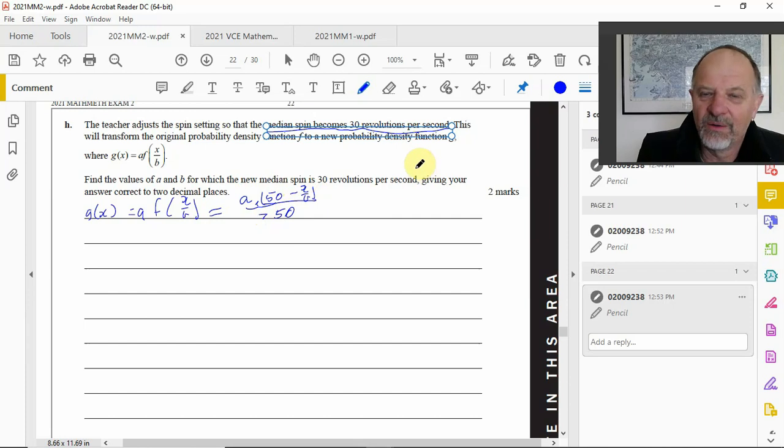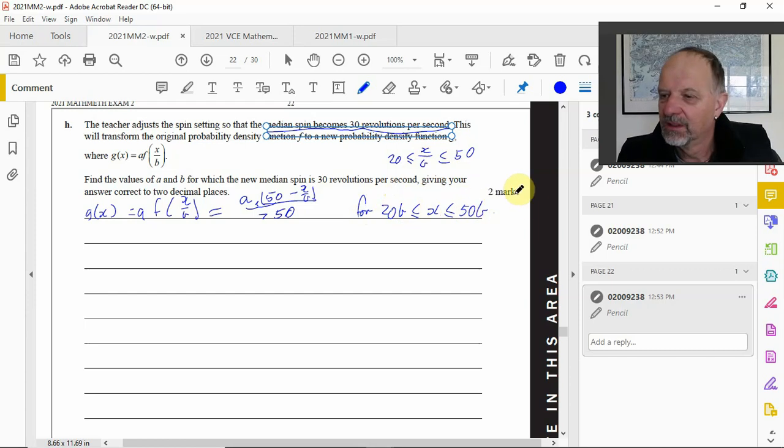Now, because we've changed this to x on b, we've got 20 to 50, so our domain changes: if we multiply everything by b, 20b is less than or equal to x, which is less than or equal to 50b. All right, so the median is in this domain.